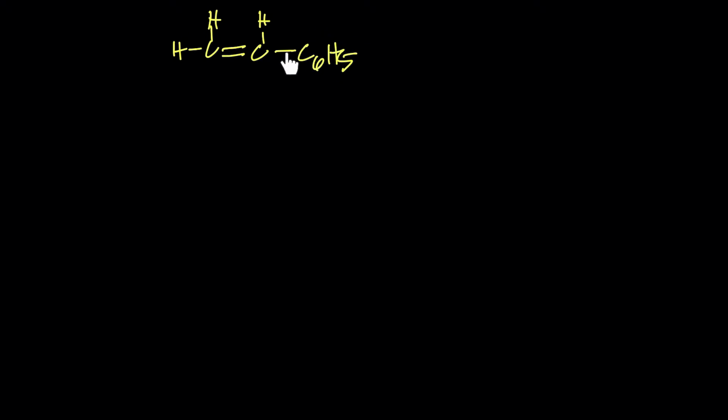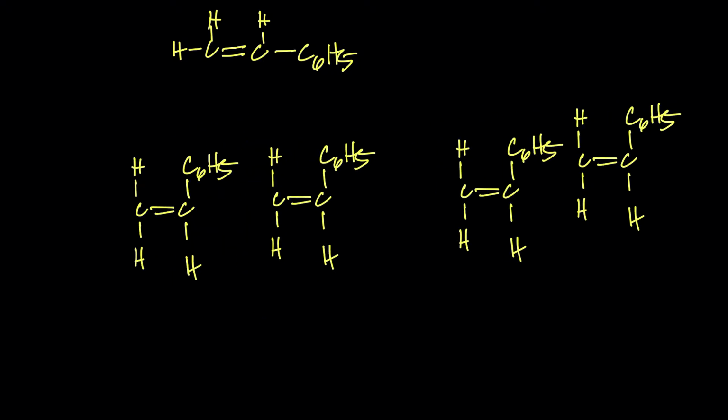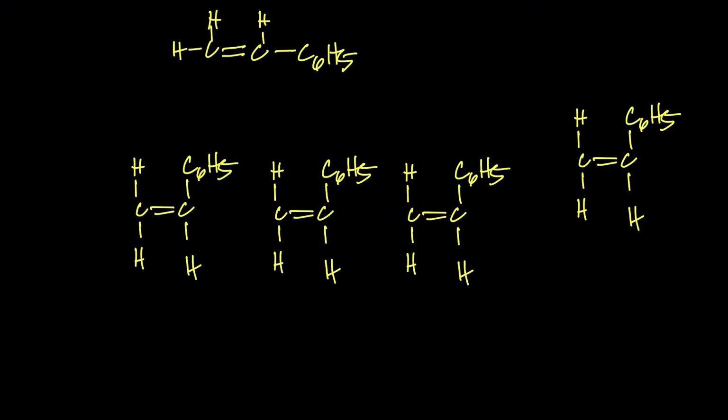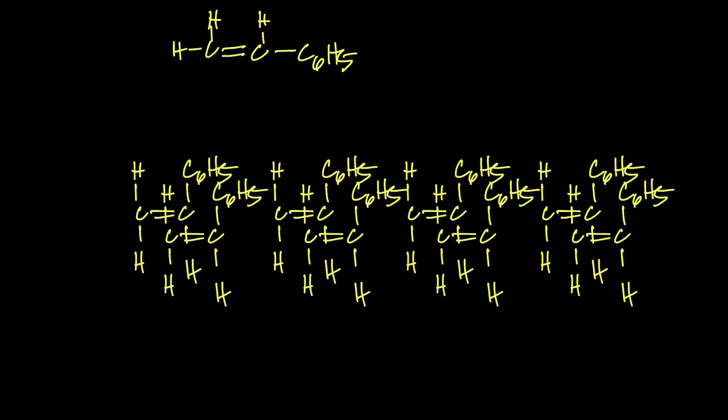So when you do this, you just make it like this: C6H5 and H. All you have to do is make it like that. And so literally duplicate, let's do 4 of them, because I like showing off that I have this nice little tool of duplication.